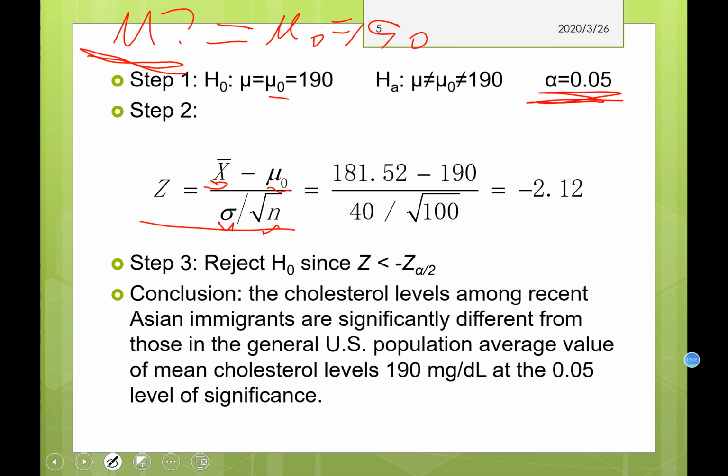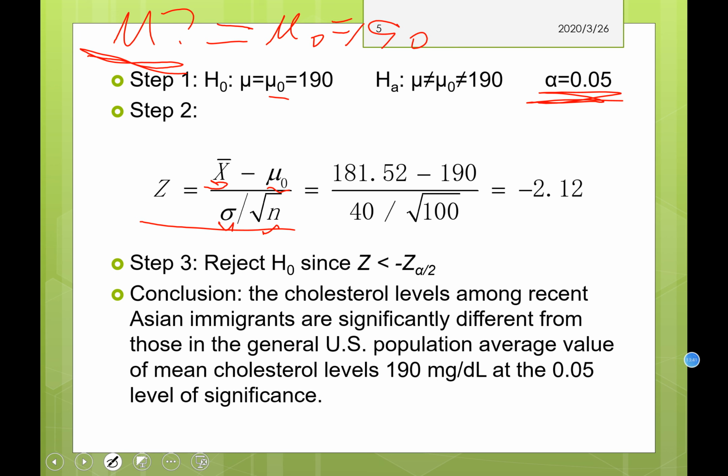So x bar equals 181.52 minus 190 over 40 over square root 100. And we can get the result. The result is negative 2.12.